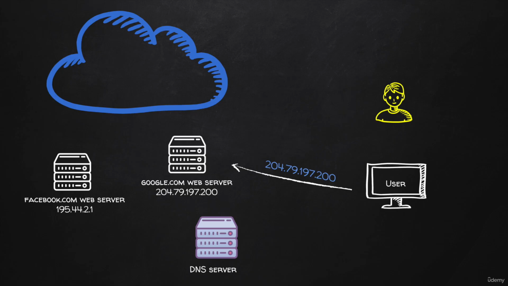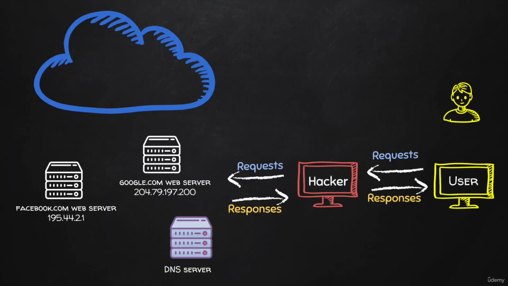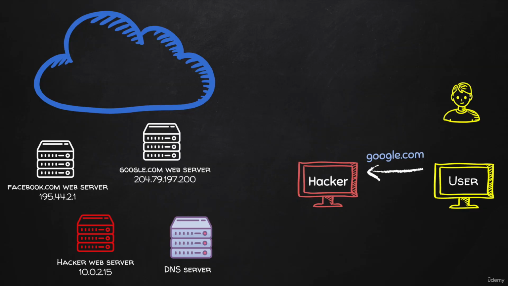Now, when we are the man in the middle, the request for google.com will pass to us first before it goes to the DNS server. Therefore, instead of giving the IP of the server that is hosting google.com, we can actually give any IP we want.